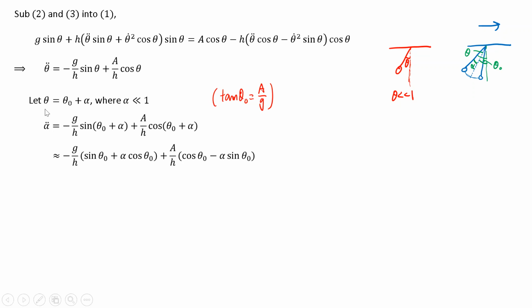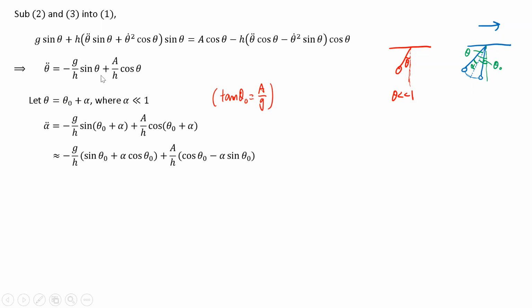Now theta equals theta naught plus alpha, so that means theta double dot is equal to alpha double dot, because theta naught's double dot is 0. Therefore, the left-hand side of the equation becomes alpha double dot instead of theta double dot.